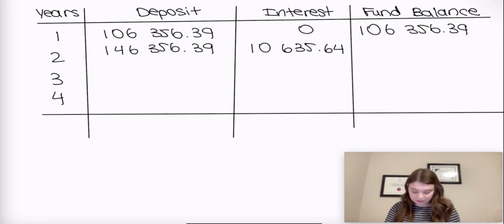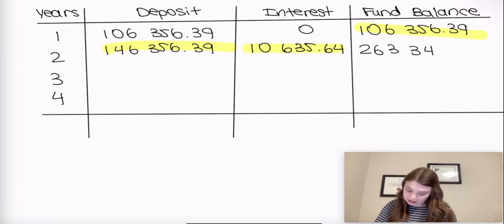So now I'm going to add up all 3 of those numbers, the deposit we just made, plus the interest that we made on the previous deposit, plus the previous fund balance, all together. And if I add up these 3 numbers, 1, 2, 3, I get $263,348.42 is our new fund balance.